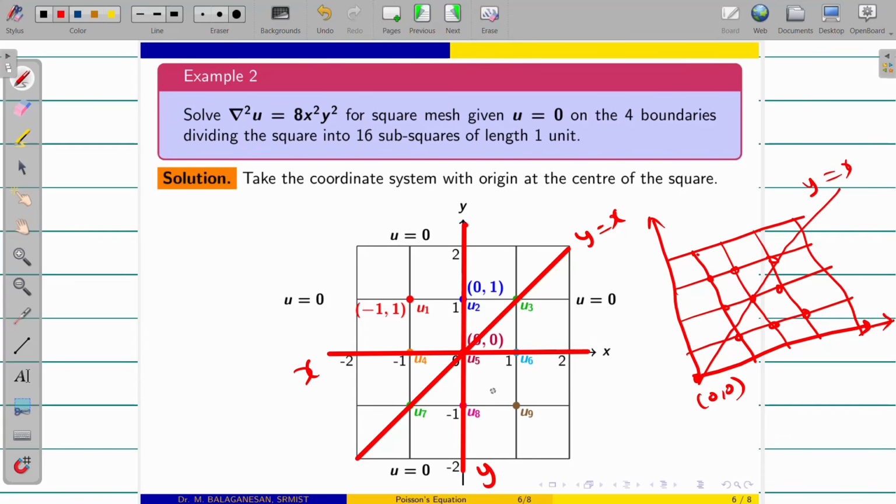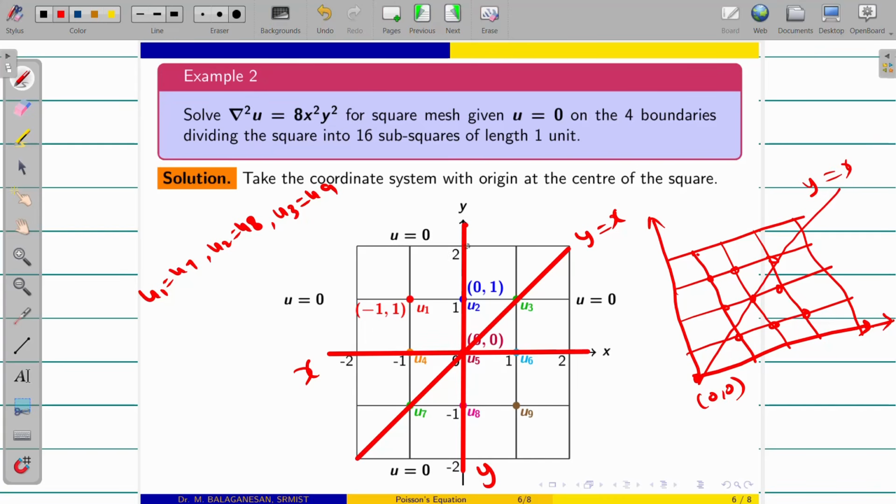If it is symmetric about the x-axis, you fold along it. What values will coincide? u1 equal to u7, u2 equal to u8, u3 equal to u9, if you fold along the x-axis.